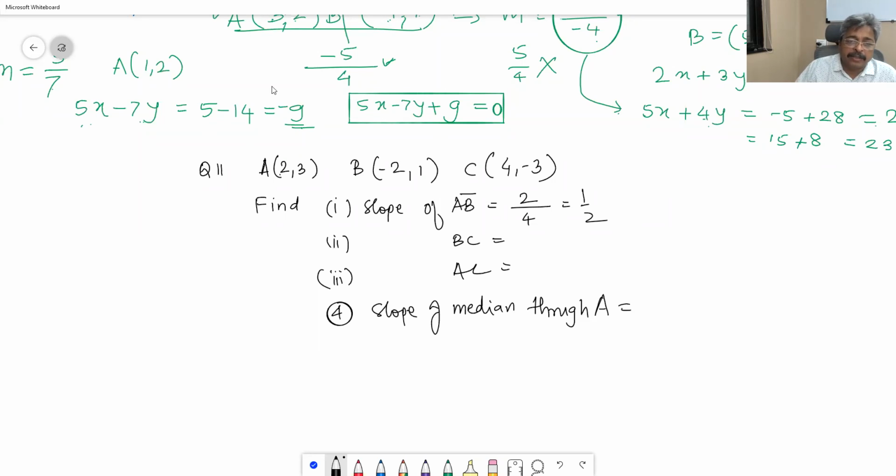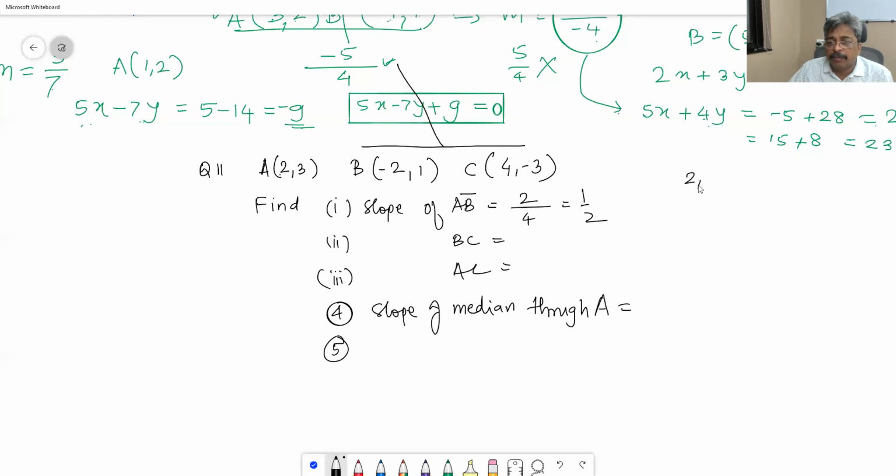Median through A means you should find the midpoint of BC and join it with A. How much is the slope of the median?